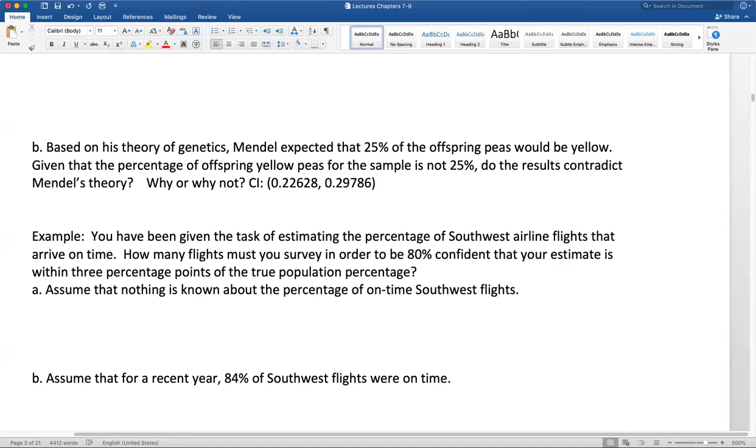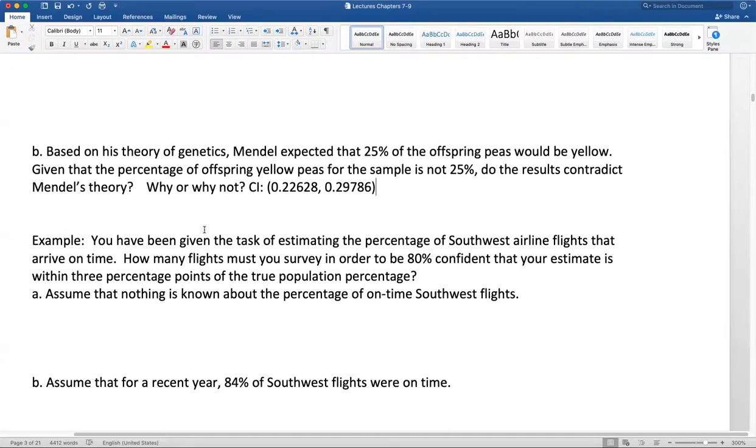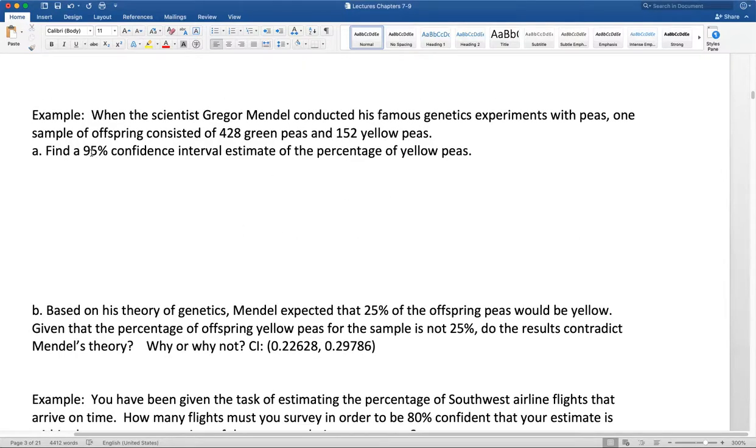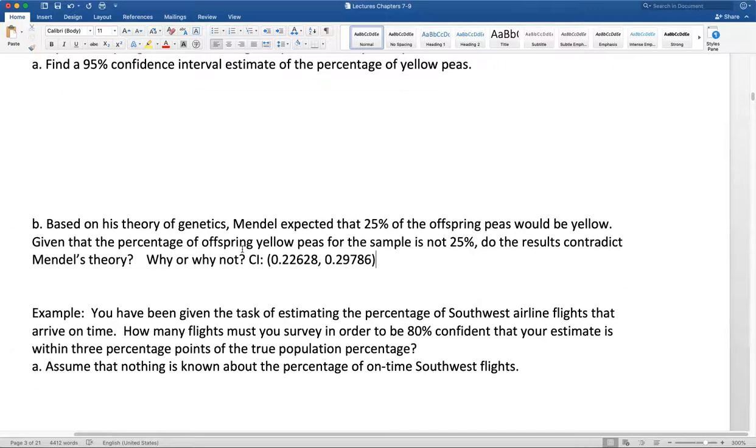With a 95% confidence level, it means this: when you select 20 samples, and using those samples we calculate the confidence interval, then we're going to get 20 confidence intervals, right?